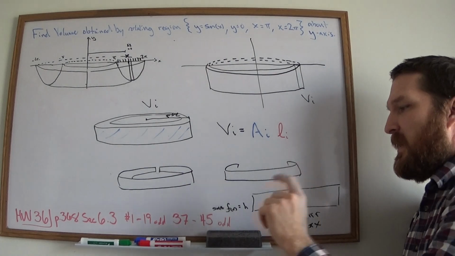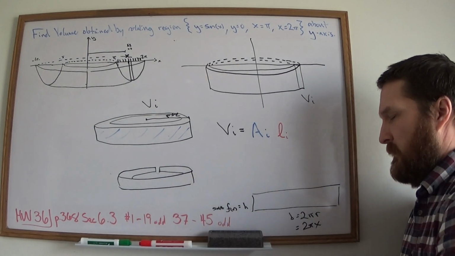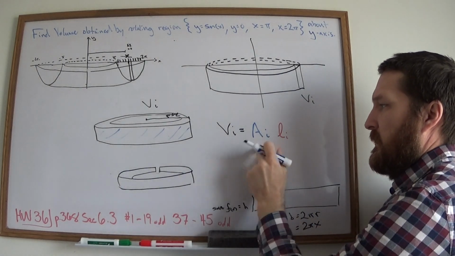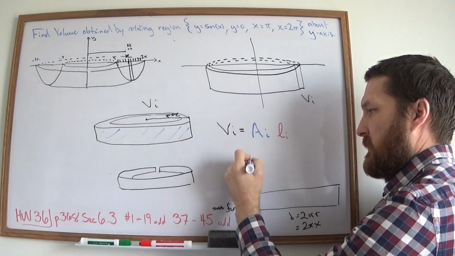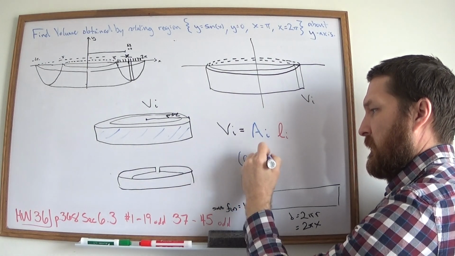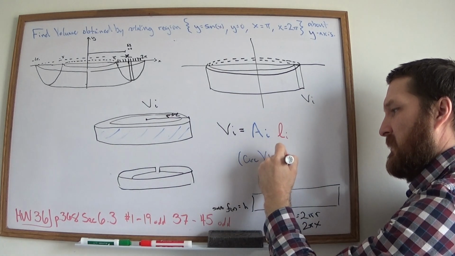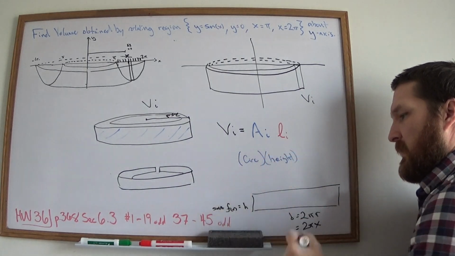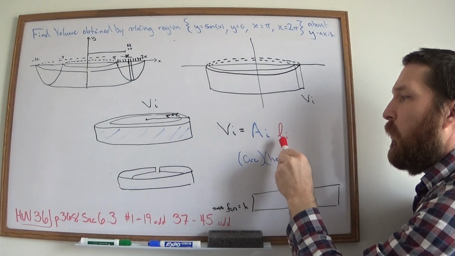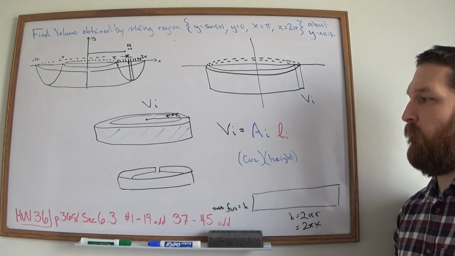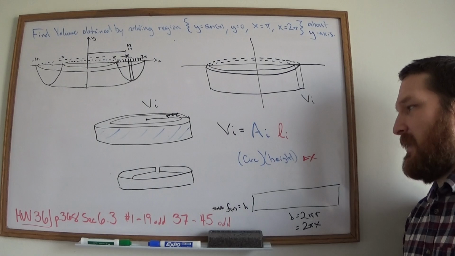So the area. Here we go. The area was the circumference of the thing times the height. And now we have, and we'll fill these in a second, what's the thickness of the thing? Delta x. That's delta x right there.